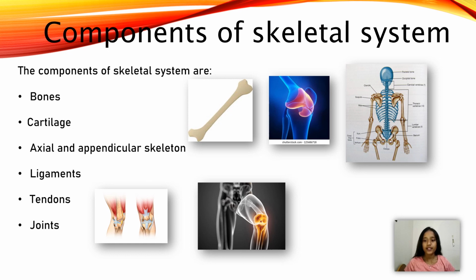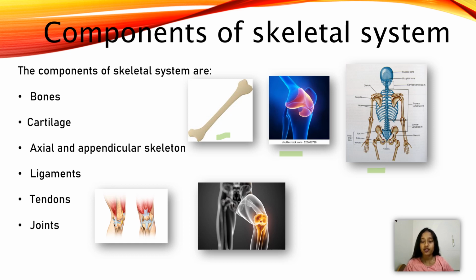The components of skeletal system are bones, cartilage, axial and appendicular skeleton, ligaments, tendons, and joints. As I told earlier, the smallest unit of bones is called osteoblast. This is the picture of bone, and this is the picture of cartilage, whose smallest unit is called osteoclast.